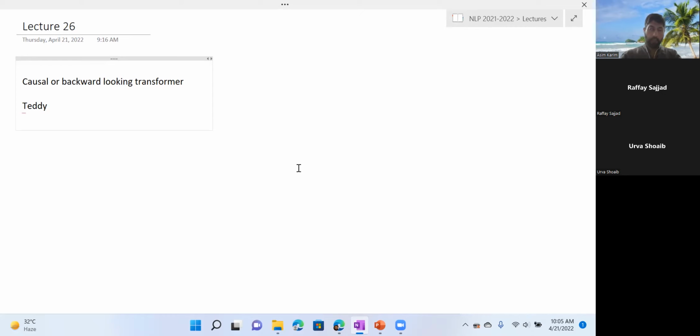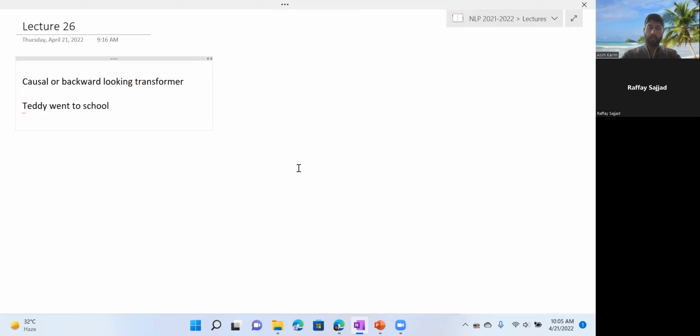But this benefit would not be useful if you're using a causal model. So, for example, Teddy went to school. Obviously a bear would not go to school. So this sequence of words after Teddy tells us that Teddy is most likely a person. So we can benefit from information that comes after a particular position. This is exploited or utilized in the bidirectional encoder.